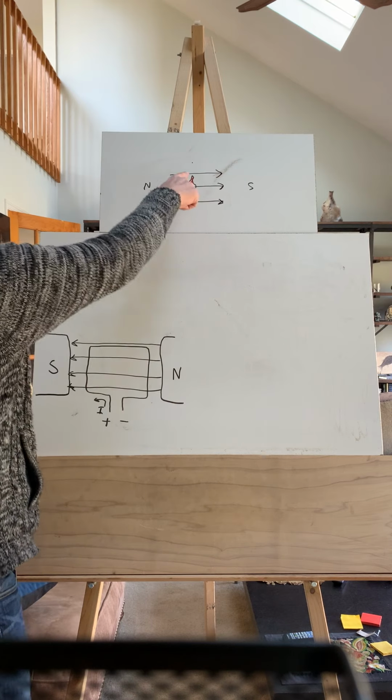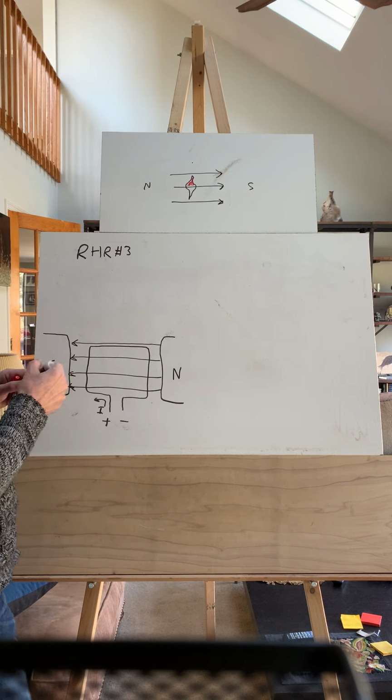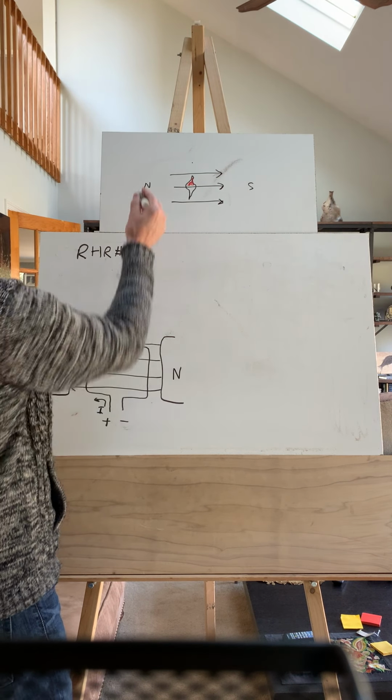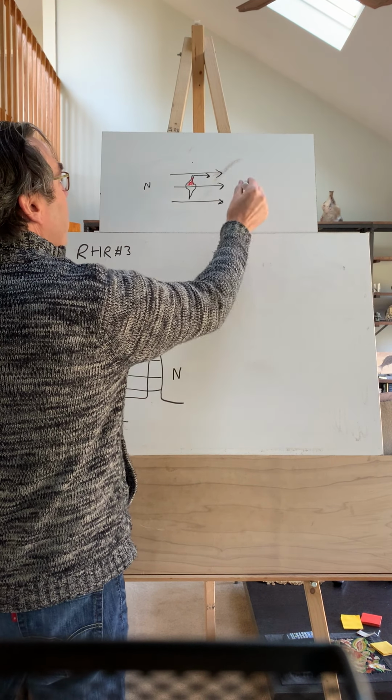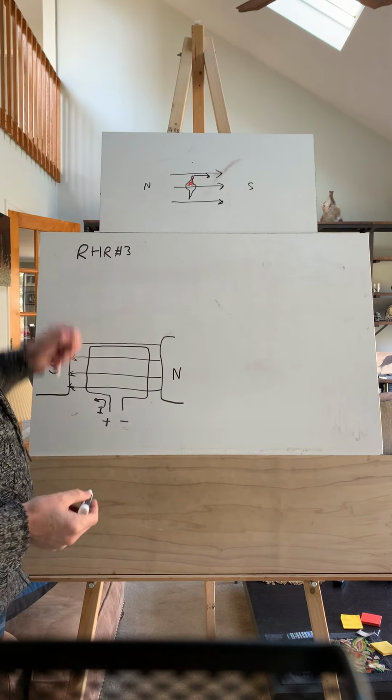We know that this end is going to be strongly repelled by this north pole here and attracted by the south pole. So the north pole of the test magnet is going to experience force that way.